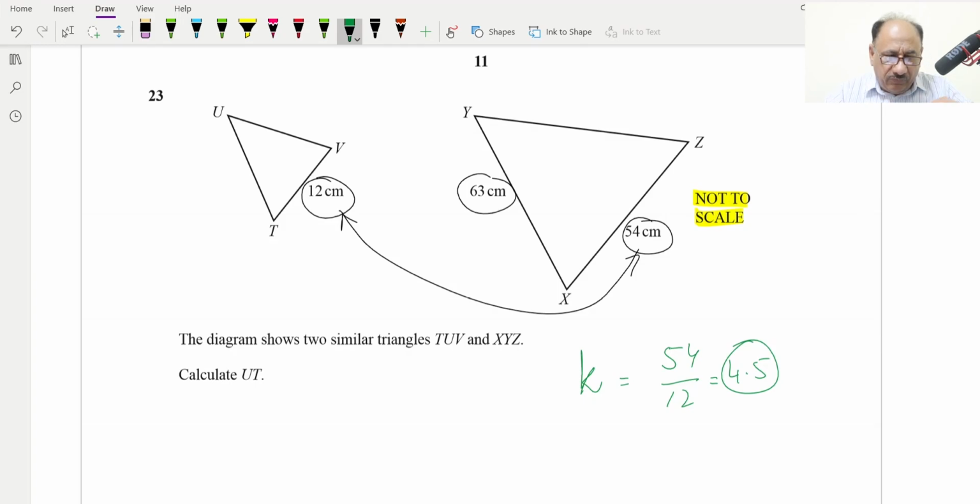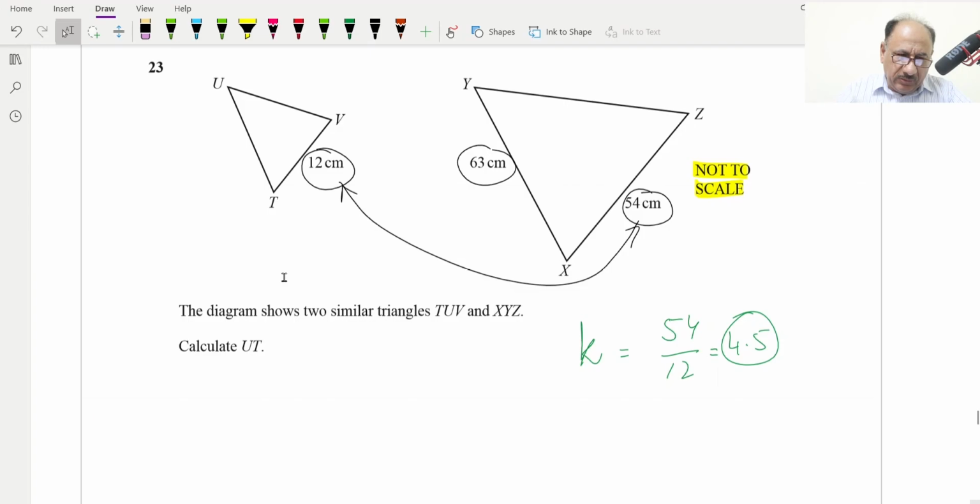This K value we will be utilizing in the rest of the question, and they are saying the diagram shows two similar triangles, this one and this one. Calculate UT. UT is basically this side which we have to calculate, and we can use this K value.